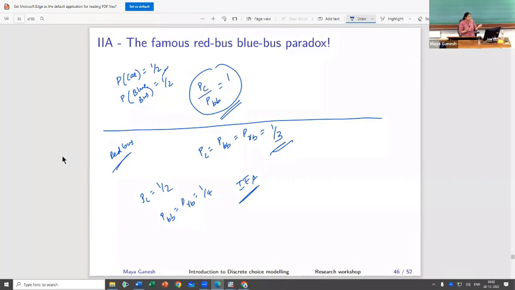So all that this test does is that it takes a subset of the alternatives, and then it estimates the parameters, and then it also estimates the parameters for a full set, and it sees if the difference is statistically significant, etc. So in empirical terms, you can actually test for this IIA assumption.